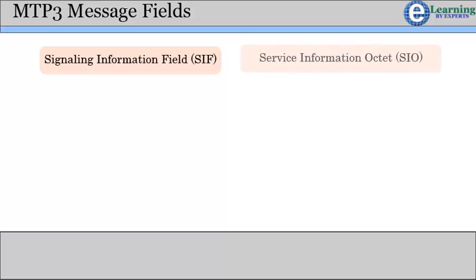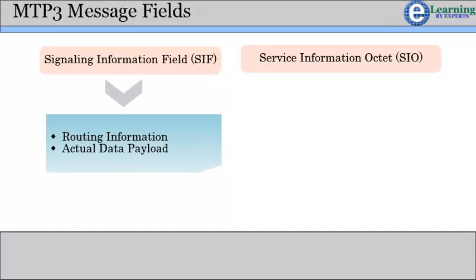The MTP3 portion of an SS7 message consists of 2 fields: the Signaling Information Field, SIF, and the Service Information Octet, SIO. The SIF contains routing information and the actual payload data being transported by the MTP3 service.